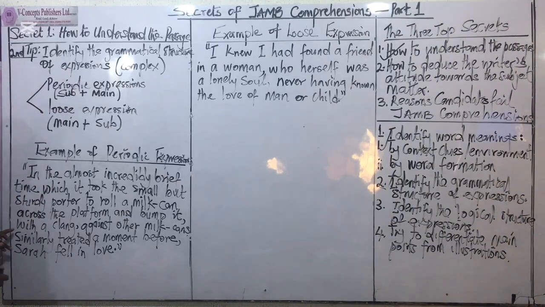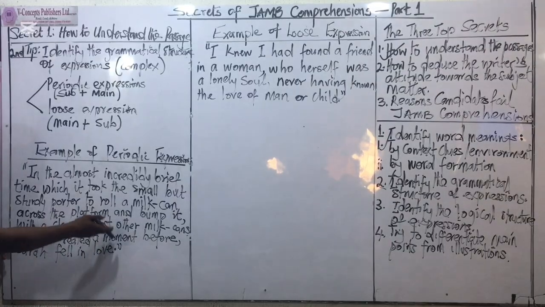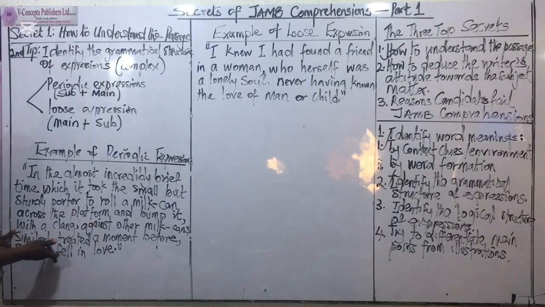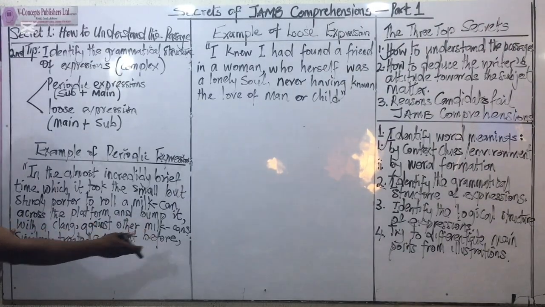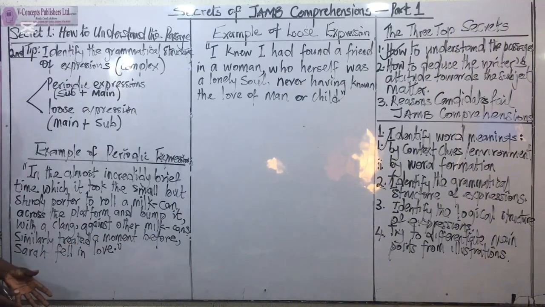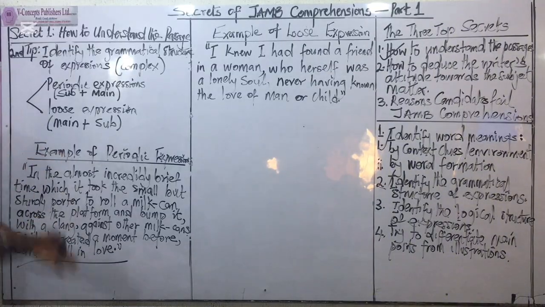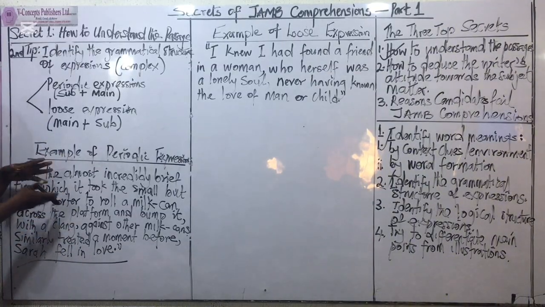Then we continue with a clank across other milk cans, similarly treated a moment before. That is rolling a milk can with a clank, like it happened before. What have they said? Nothing. Sarah fell in love. This is what they are trying to tell us, that Sarah fell in what? Love.